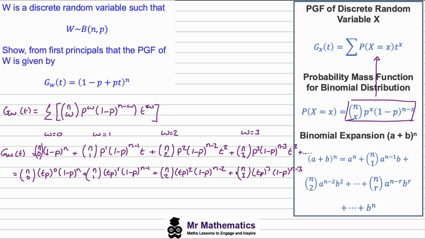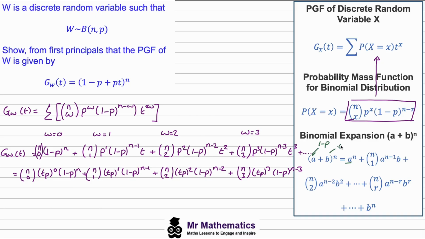So then, can you see that this series is exactly the same as what we have here, where the a would be the 1 minus p. You can see this is raised to the n, as is the 1 minus p. And the b would be the tp. So tp to the 0, which is here, tp to the 1.